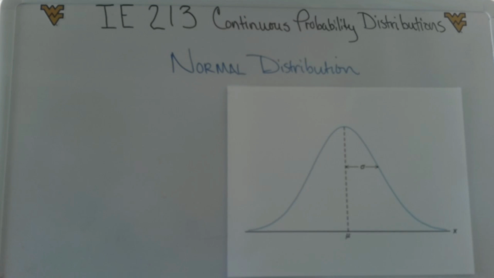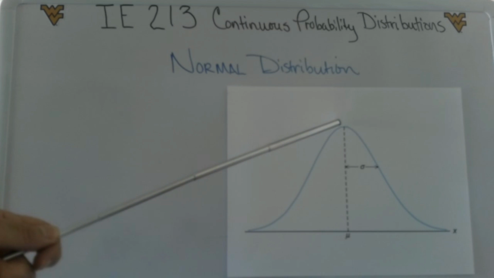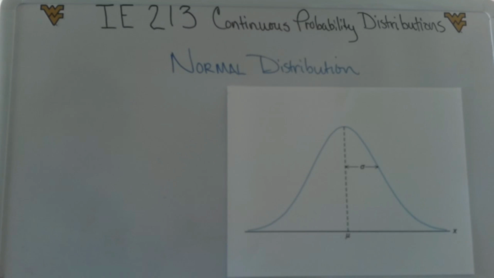Note that for a normal distribution, the mode, which is the point on the horizontal axis where the curve is at a maximum, so that would be at the center, occurs when x equals the mean, mu. The curve is symmetric about a vertical axis through the mean, mu.